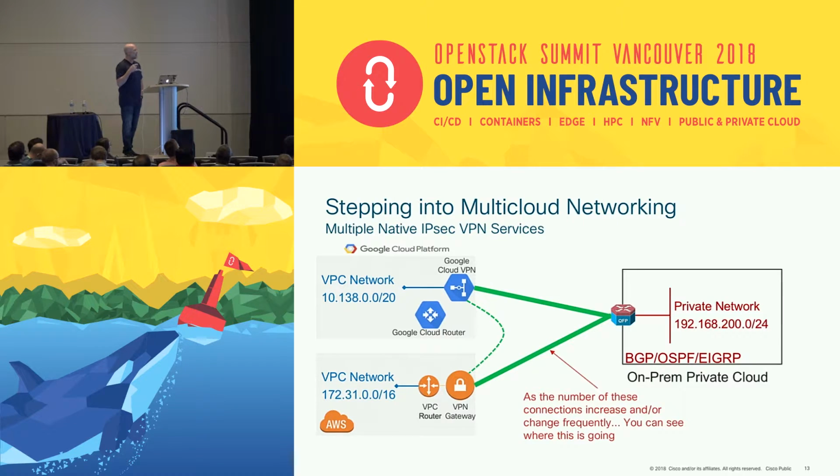So we can see as the number of these connections grow, and by the way, they're all pre-shared keys. So we're doing synced passwords on both sides when we're dealing with native VPN services with a public cloud provider. We can't do PKI type of behavior to rotate those keys, et cetera. They are all pre-shared keys.